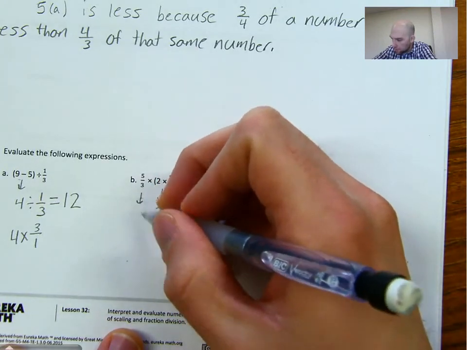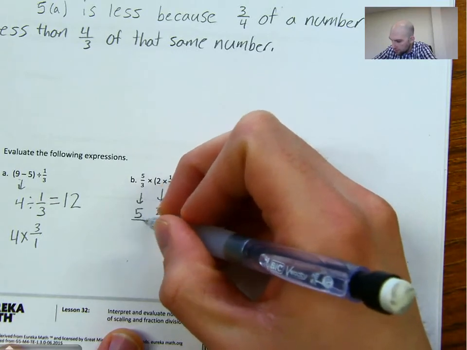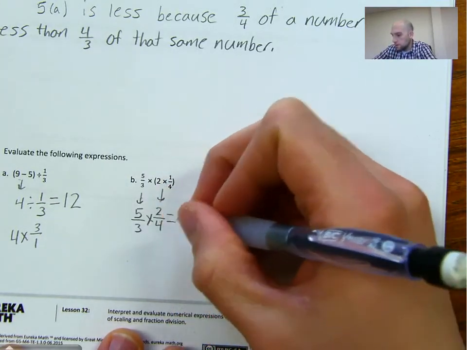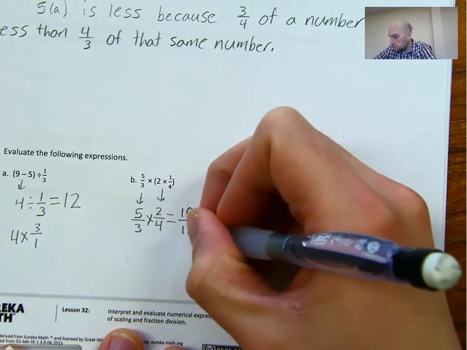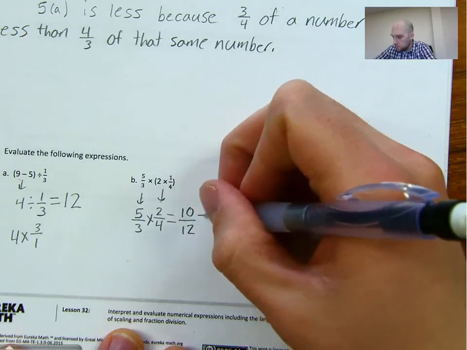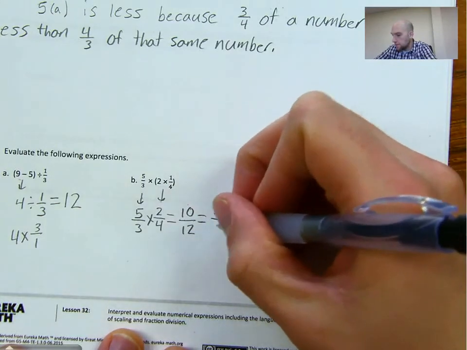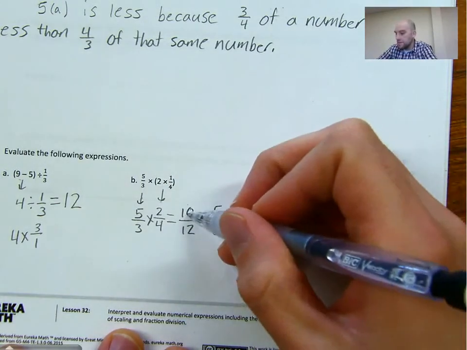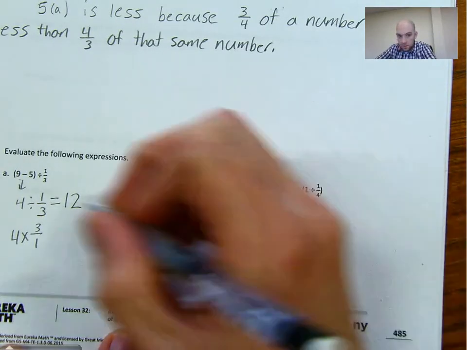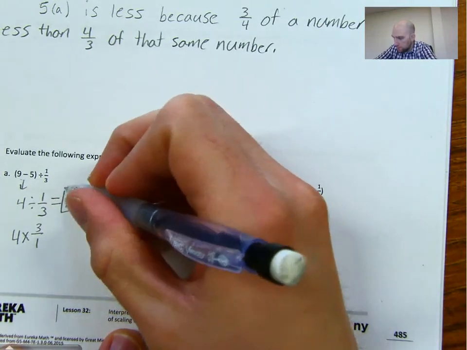We'll simplify after. This is 5/3. We're going to multiply. It's going to give us 10/12. And 10/12 equals 5/6 when we simplify. We can divide 10 by 2 and we can divide 12 by 2. It's going to give us 5/6. I'll box my answer over here too.